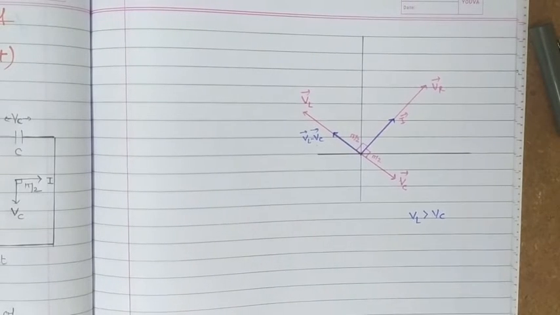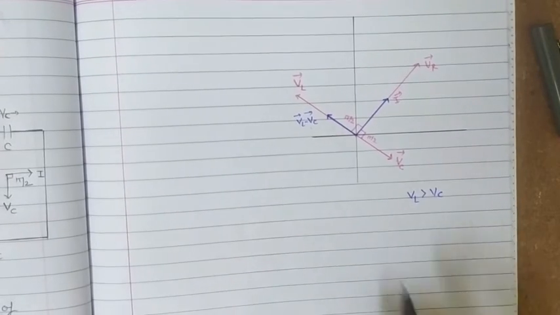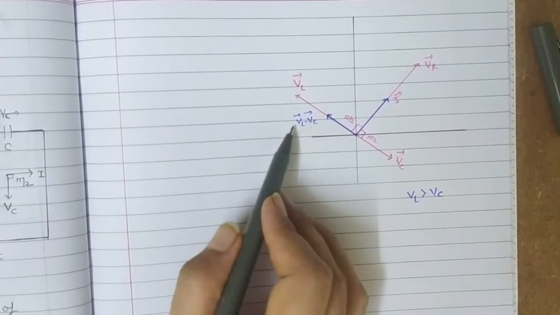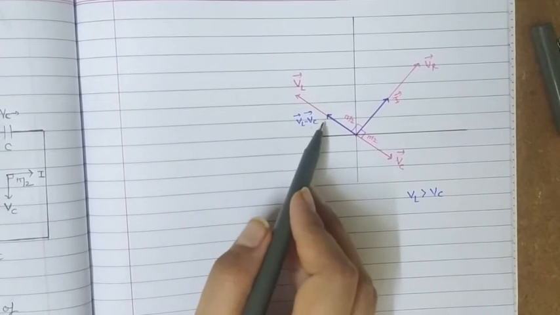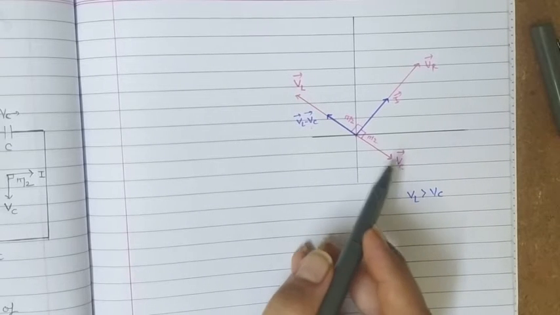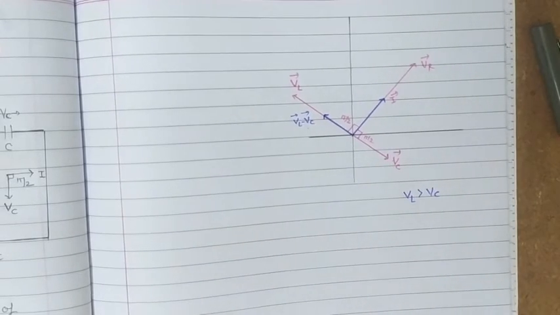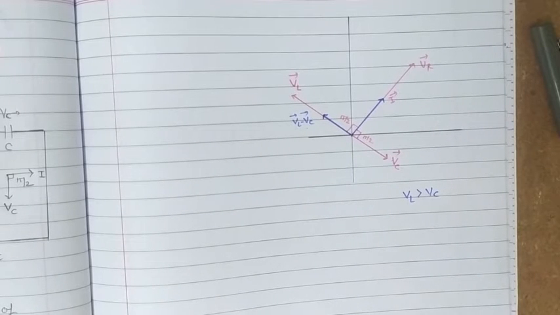So if VL is greater than VC, the resultant of these two is VL minus VC and in the direction of VL. But if VC is greater than VL, then it will be VC minus VL and in the direction of VC. So this we have to remember. That diagram we will also plot after this one. First we are going with VL greater than VC.